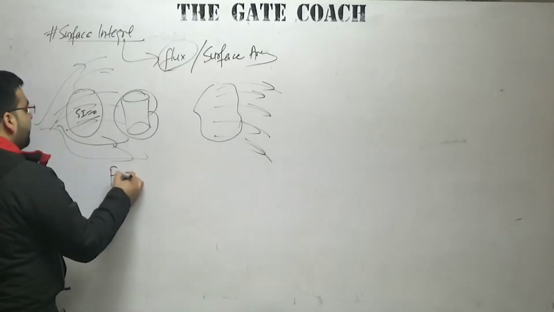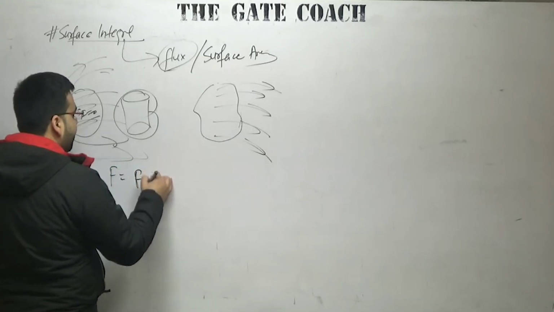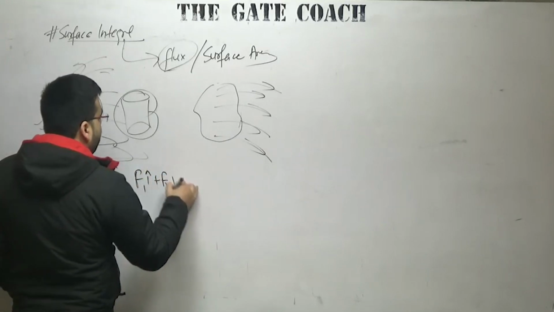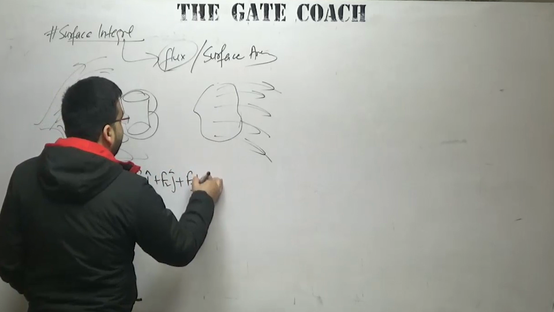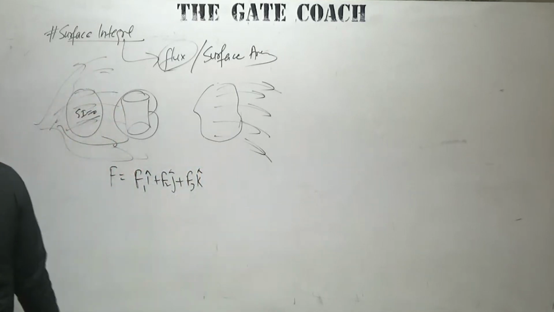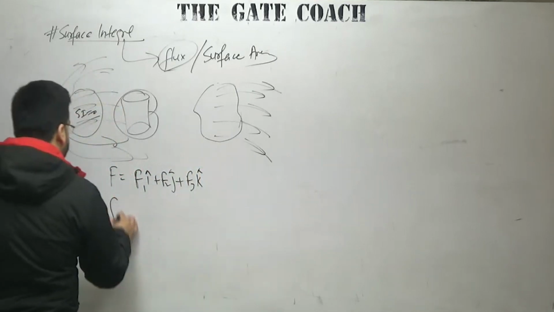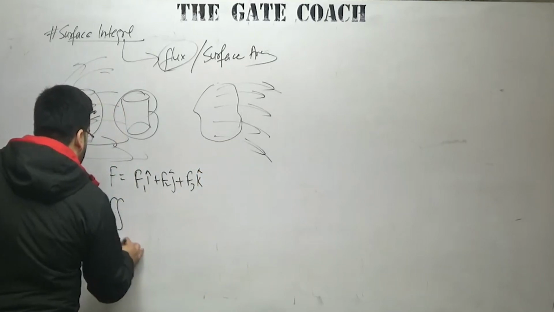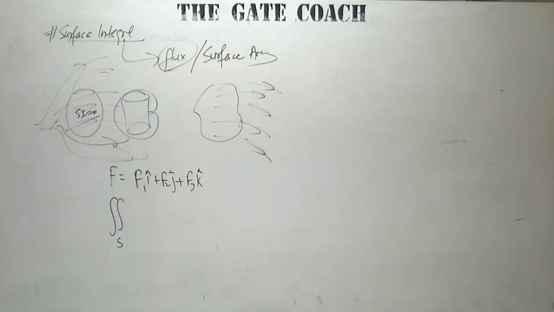How to calculate the surface integral? Let us say that some vector field is given to you, f1 i cap plus f2 j cap plus f3 k cap. Then the surface integral is given by the integral along the surface S. It can be a sphere, it can be a cylinder, whatever type of 3D surface.